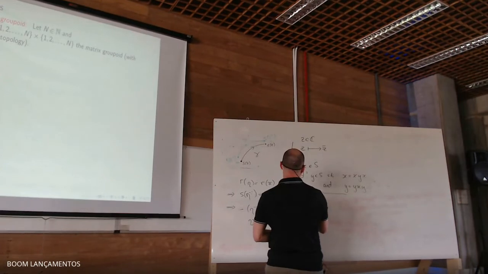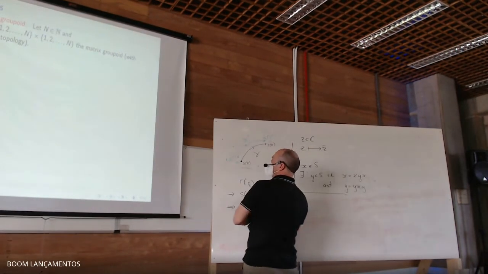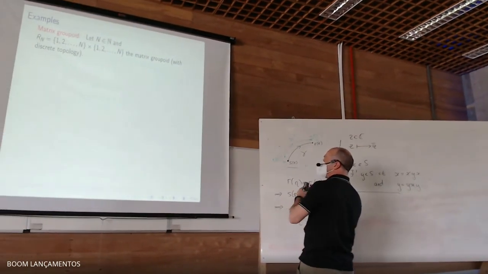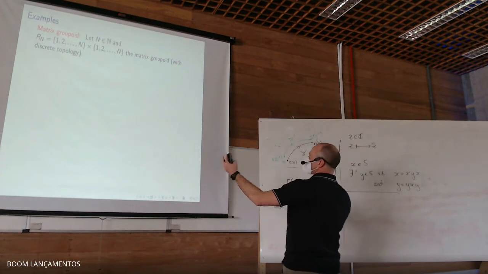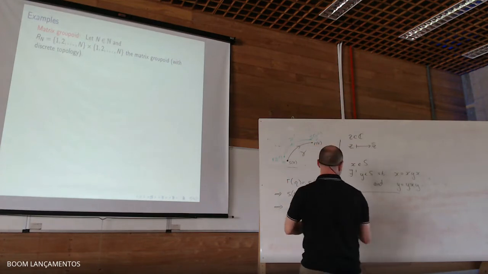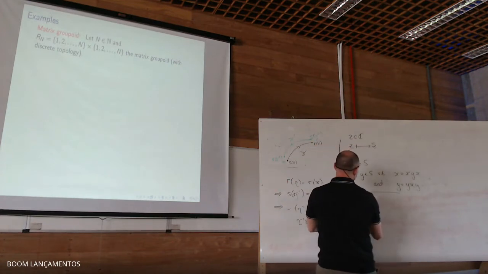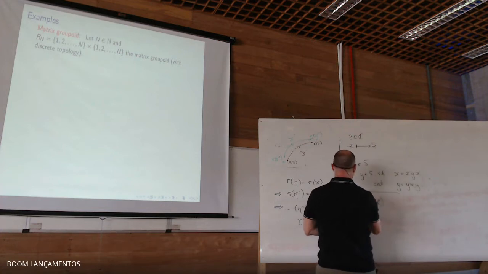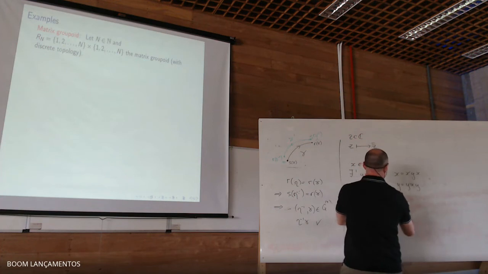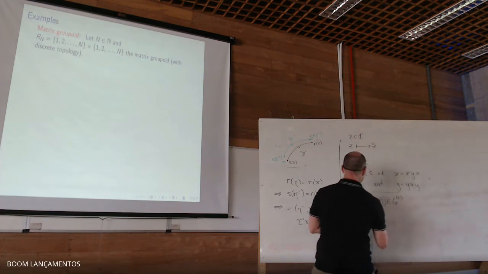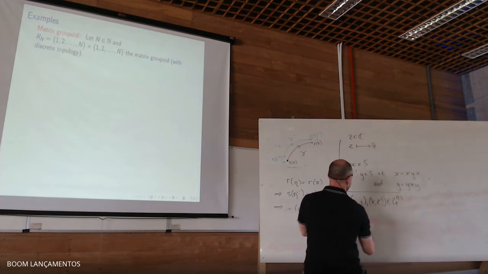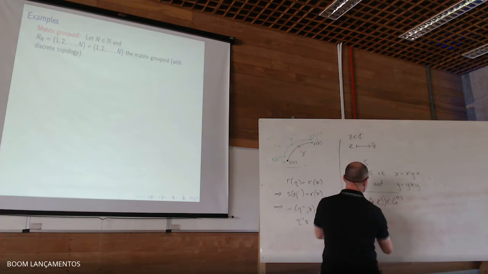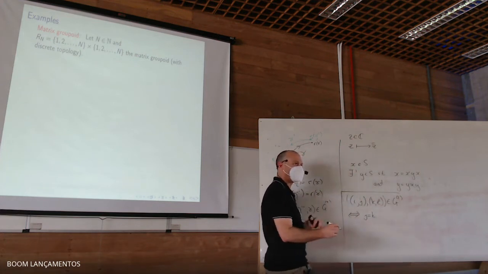So we said that we consider n natural numbers, Cartesian product with the same set, and then we had that (i, j) and (k, l) is a composable pair if and only if j is equal to k, right?